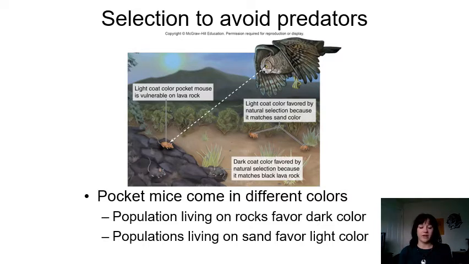When these pocket mice live in locations where there's a lot of volcanic rock on the ground, that volcanic rock is black, and so the lighter colored mice stick out and are more easily seen by predators. So if you get eaten, can you mate and pass on your genes? No. And so in that environment, the light color is not going to be selected for, it's going to be selected against, and future generations are going to have more and more alleles for that dark fur color.